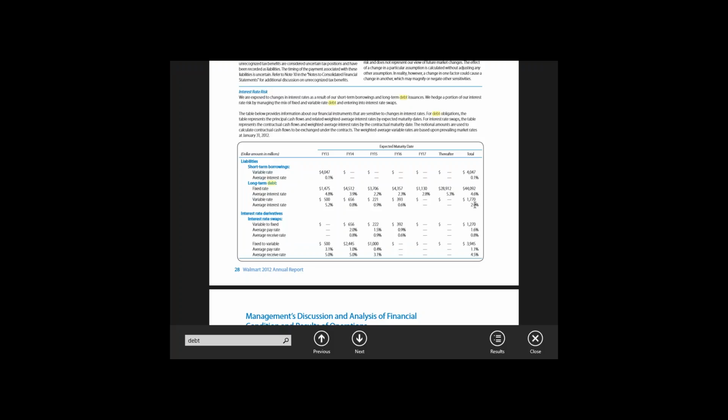I took the 44092 times the interest on that, which is 4.6%, plus 1770 times 2.0%. That gives you the interest expense, just like up here, divided by 44092 plus 1770, the total. Interest divided by the total. That's the way I did it. That gave me a percentage, and that percentage I can apply to our number, which is a little bit lower than the 44092.